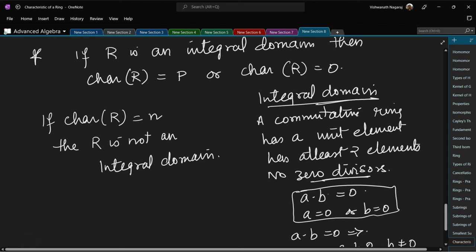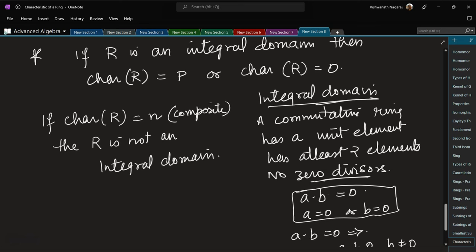We will start off by assuming this. And here we are assuming that n is composite, that means it is not a prime number. If R is an integral domain, then the characteristic is a prime number. So here we are saying it is not a prime number, so R is not an integral domain. So let's see how we can show this.